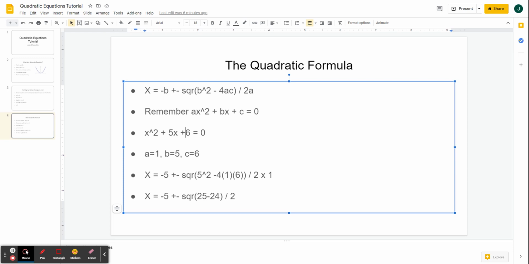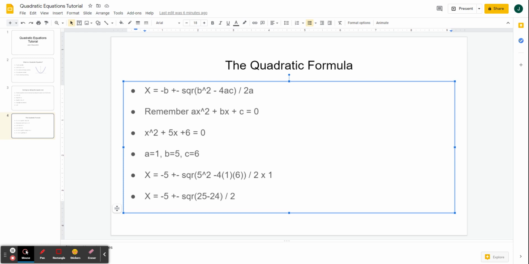So x equals negative 5 plus or minus the square root of 25 minus 24 over 2. The square root in this equation will actually be very easy because 25 minus 24 is just 1, and the square root of 1 is 1 or negative 1. And then once we get that, we could just solve the equation.